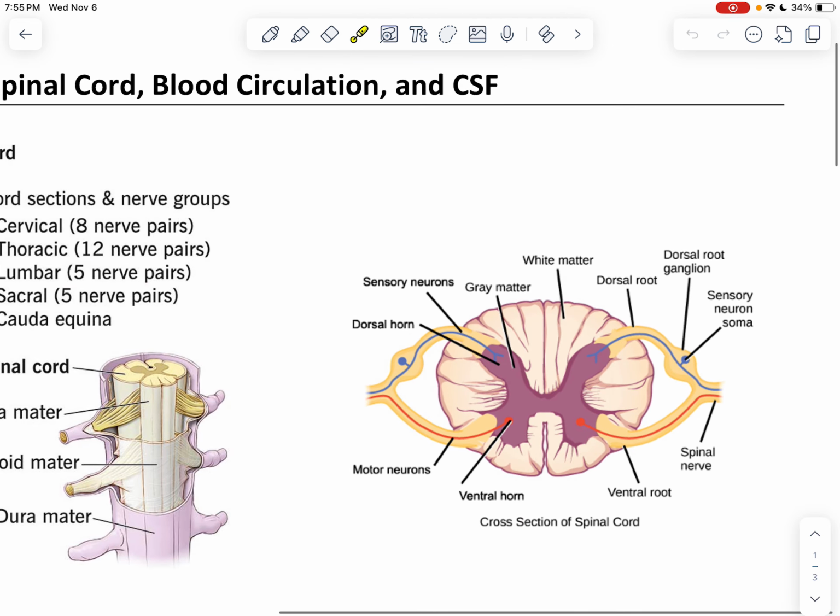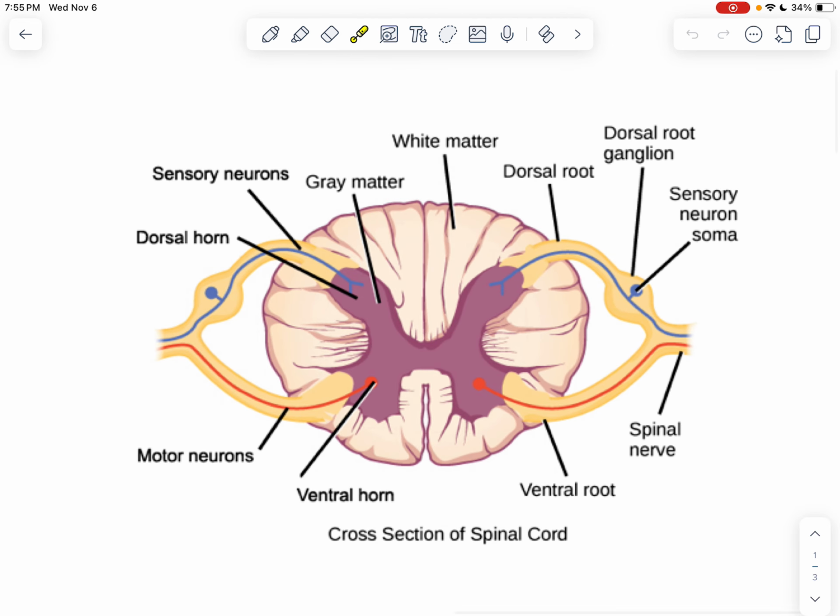This picture shows us a cross-section of the spinal cord. It's important to figure out where we're at when we're looking at the spinal cord cross-section. So you see the dorsal horn here and the ventral horn here. That gives us a directionality to our spinal cord.